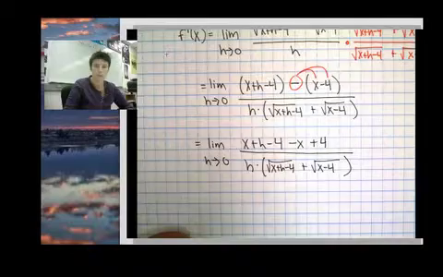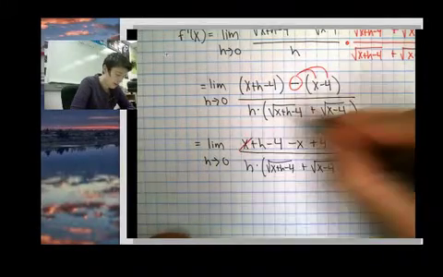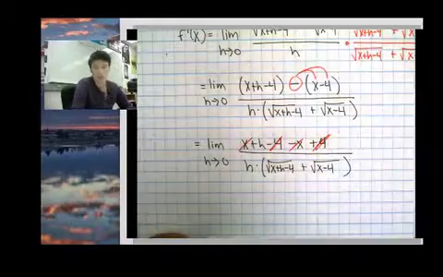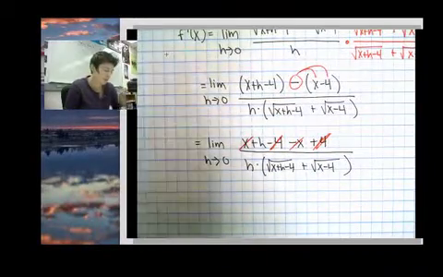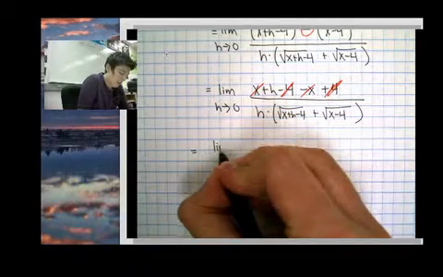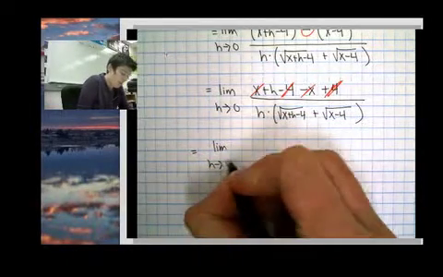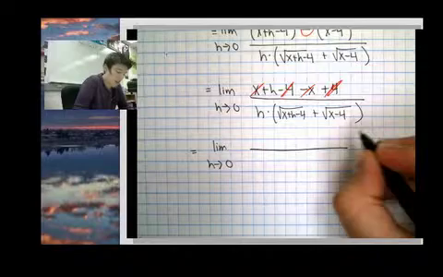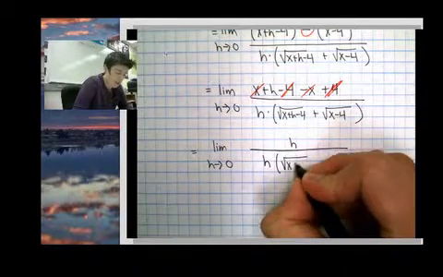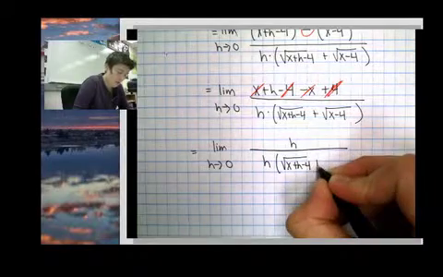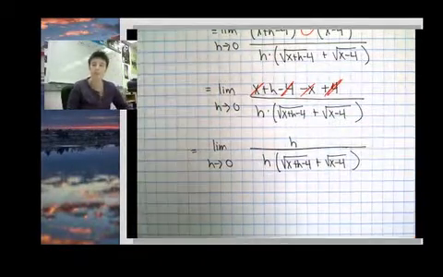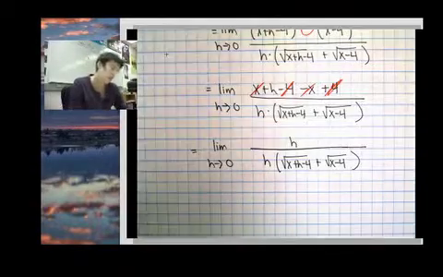And things cancel. So we've got x minus x, negative 4 plus a positive 4. The only thing left on the top of this fraction is an h. So we have the limit as h goes to 0. We rewrite this as h over h times square root x plus h minus 4 plus square root x minus 4. There it is.